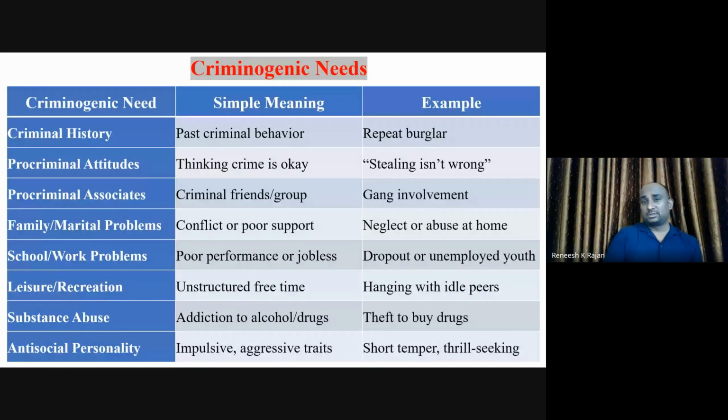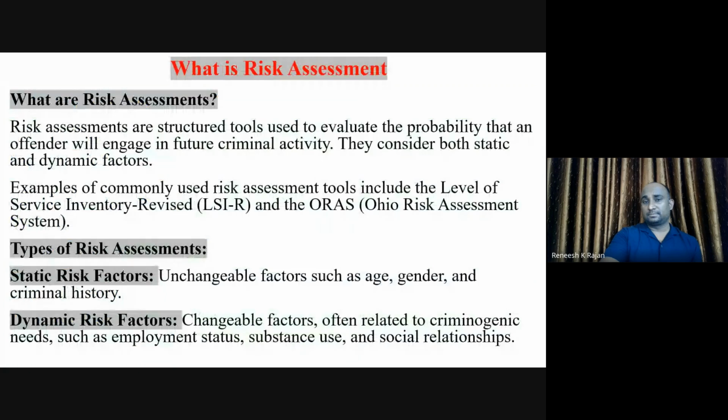That is the importance of integrating this kind of evidence-based practice in our correctional institutions. The first step is the R-N-R principle, risk, need, responsivity principle. Before going to that, we have to understand what the criminogenic needs are. So these are the 8 criminogenic needs that we are talking about.